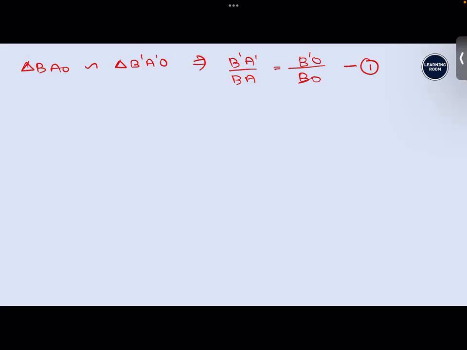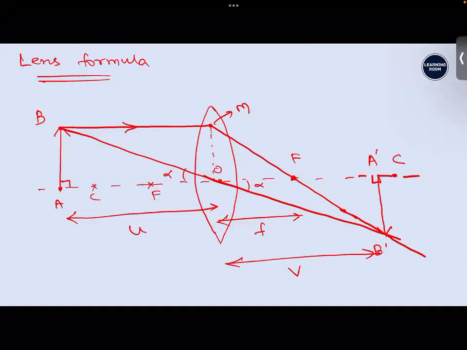In a similar way, what are the other set of right angle triangles you're able to find? If I take this angle to be theta, this will be theta. If this is 90, this is also 90, according to AA criteria, what can you say?